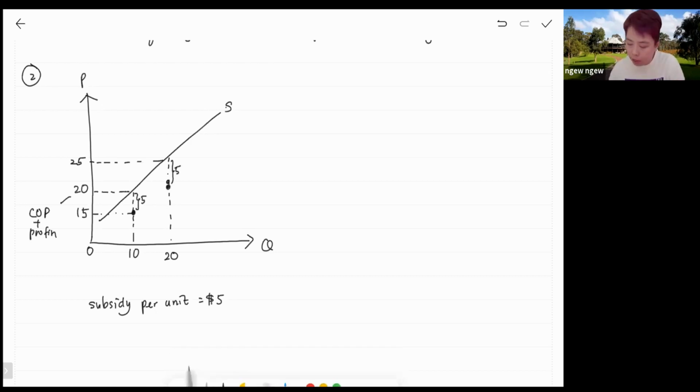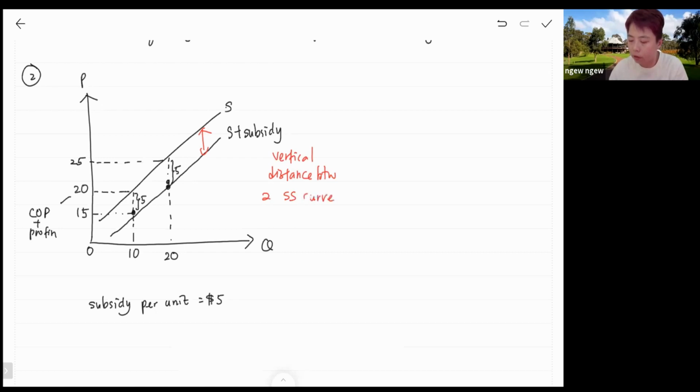Therefore, when it is a fixed amount of subsidy per unit, you will see a parallel shift rightwards of the diagram. And one important information again, the vertical distance between two supply curves is now your subsidy per unit. This is very important information.